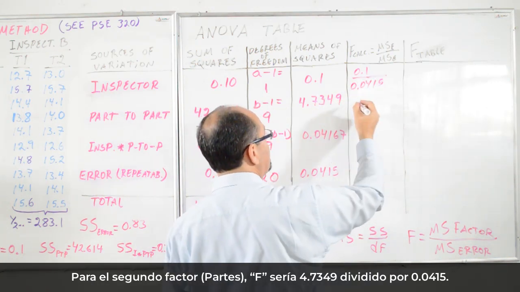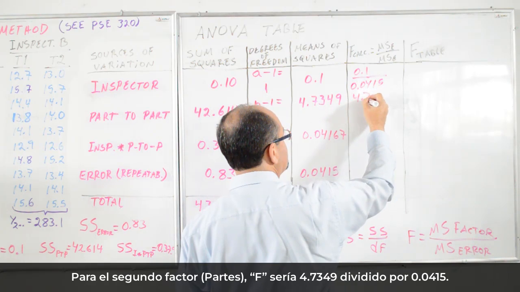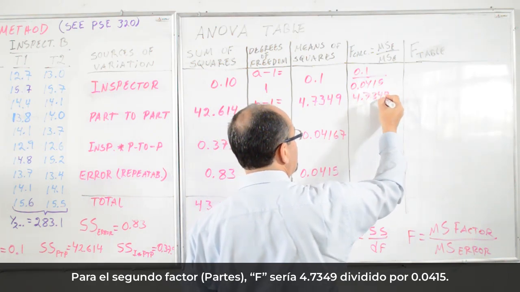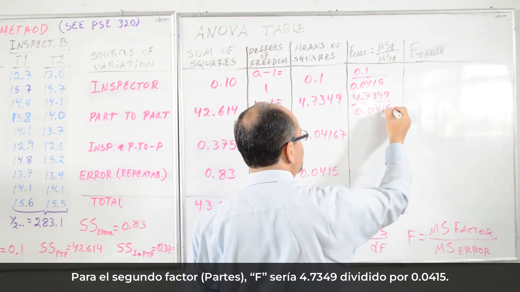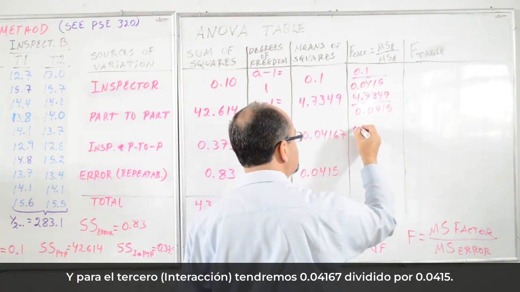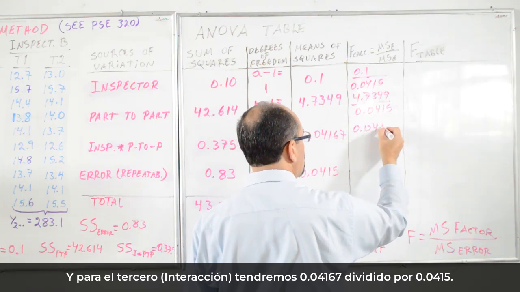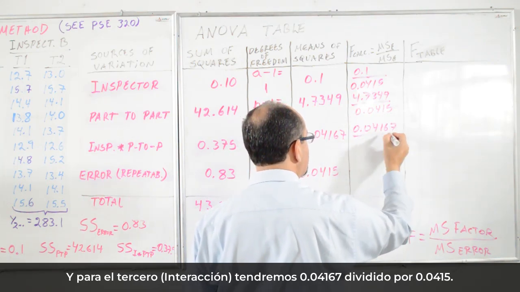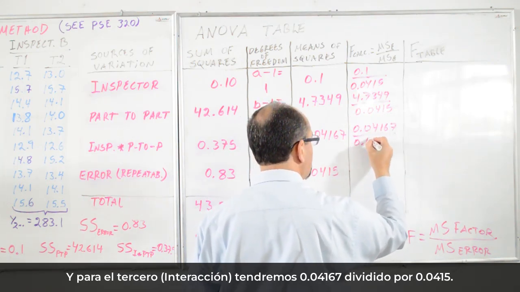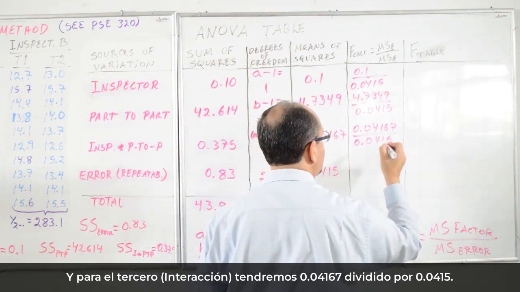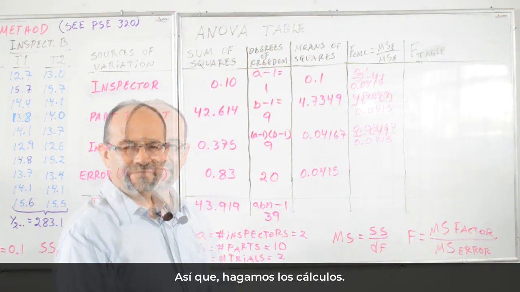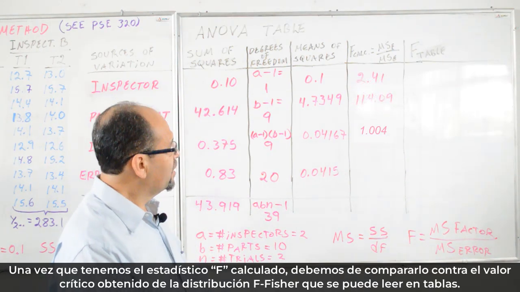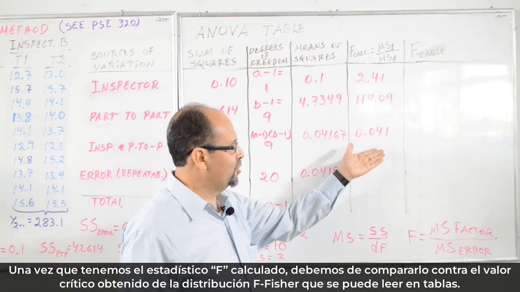For the second one, F would be 4.7349 divided by 0.0415. And for the third one, it will be 0.04167 divided by 0.0415. Well, let's do the calculation. Here we have F calculated.